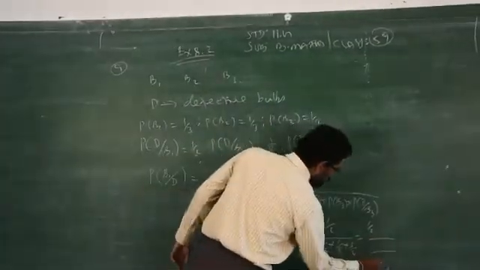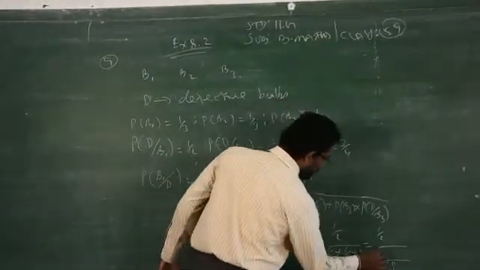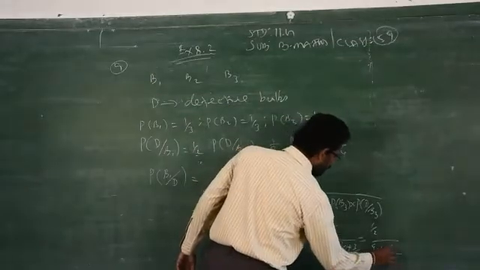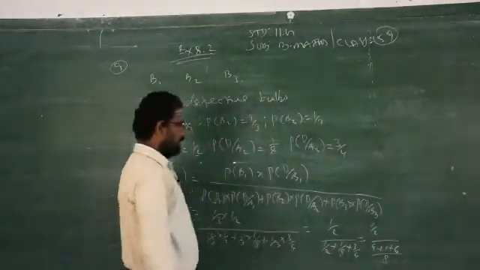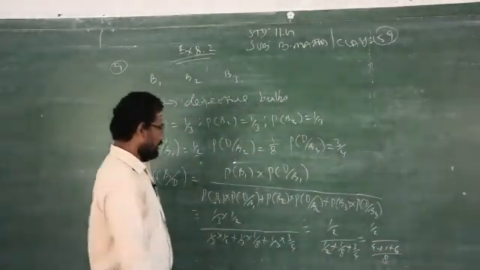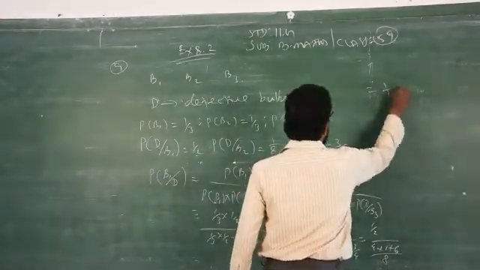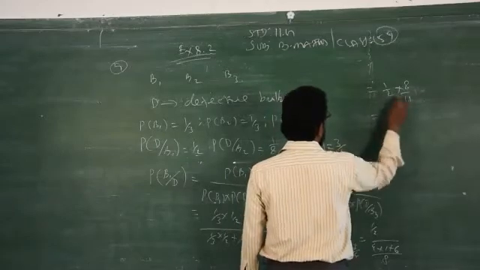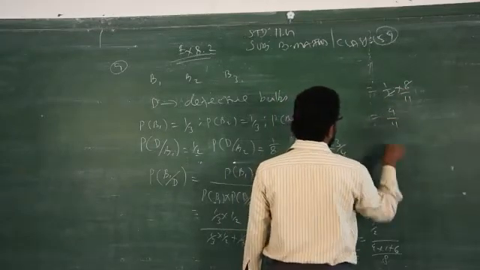Take 8 as the LCM in the denominator: 2 goes 4 times, then 1 times 1, then 6. Just add, you get 11 by 8. Take the reciprocal, you will get 1 by 2 into 11 by 8, it becomes 8 by 11. Cancel, you will get 4 by 11.